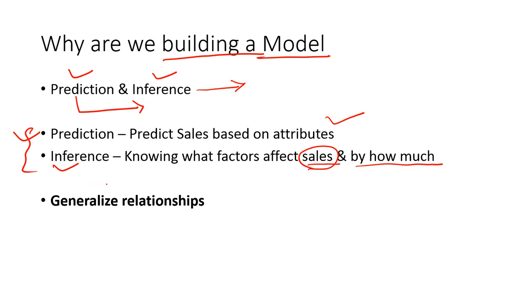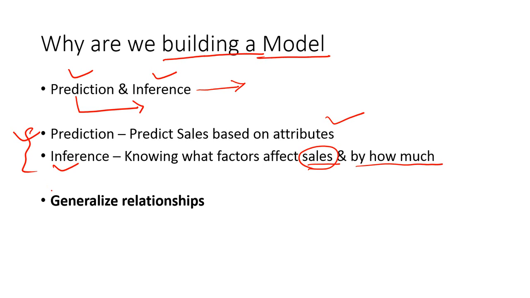And what is the intention? The intention is that we try to find a pattern in the historical data, and we try to generalize the pattern and apply that same pattern in future. We expect that the historical pattern will repeat in future. That is the idea behind building a statistical model or finding a statistical relationship.